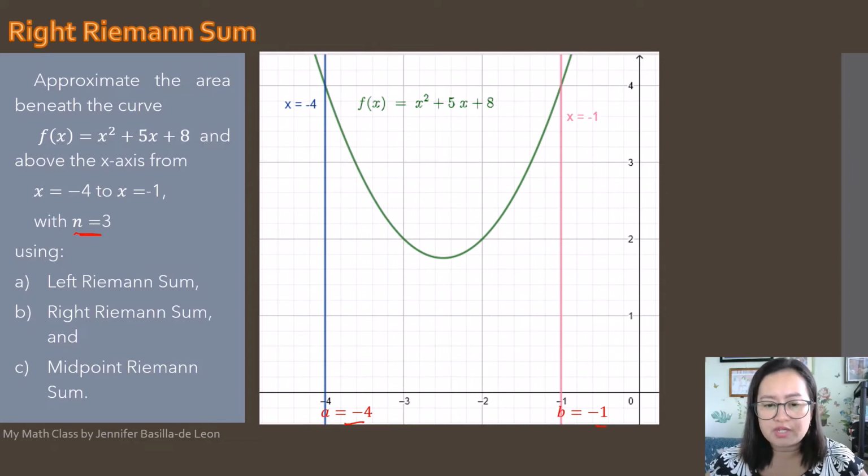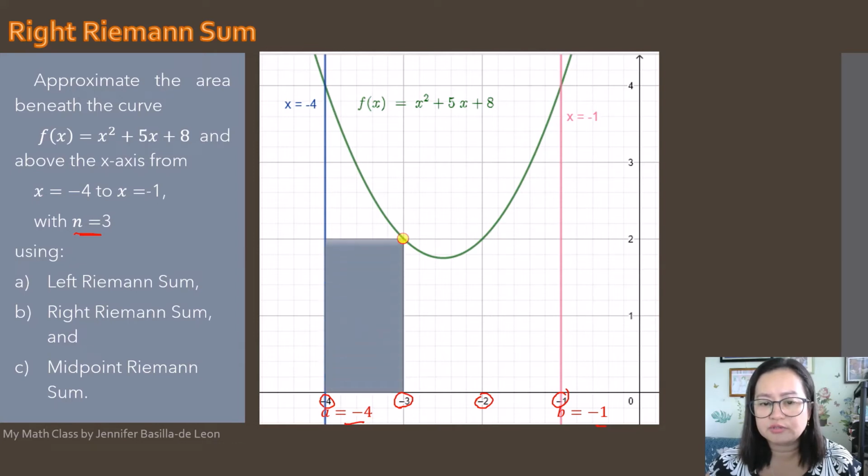So with this, we shall have 3 subintervals: from -4 to -3, from -3 to -2, and from -2 to -1. In these subintervals lie the 3 rectangles.